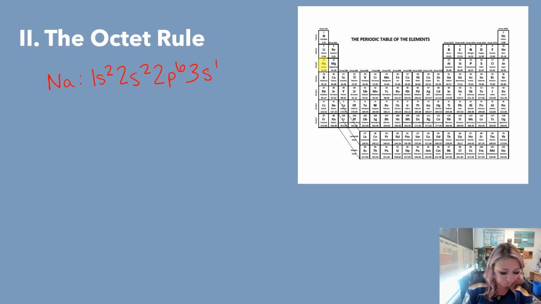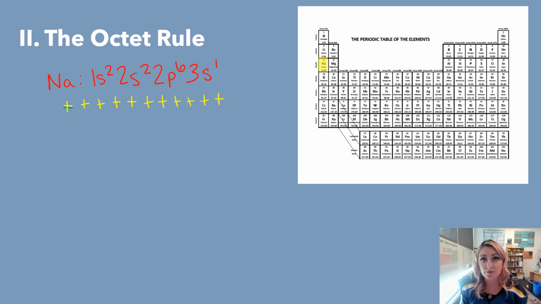All right, so let's also think about how many electrons there are versus how many protons there are. Sodium has an atomic number of 11. That means it has 11 positive charges, 4, 5, 6, 7, 8, 9, 10, 11.